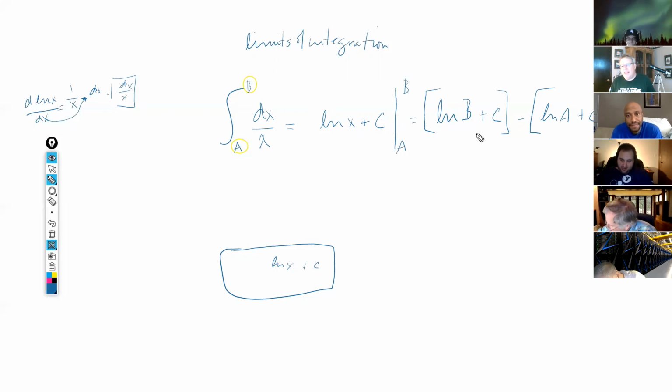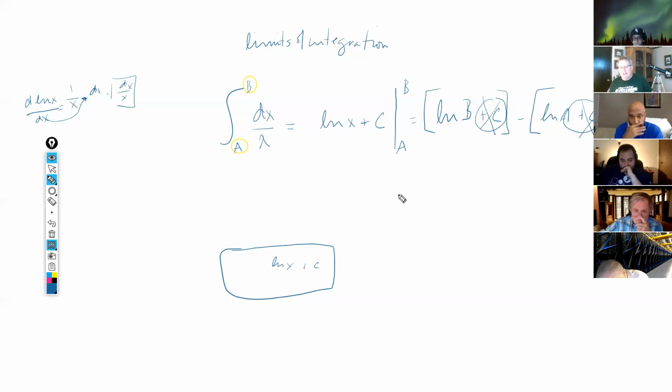When I do a definite integral, do you understand that the plus c minus a plus c go away? So if there were a constant, it won't matter when I actually solve the problem. That constant won't have anything to do with it because there is nothing else to deal with.